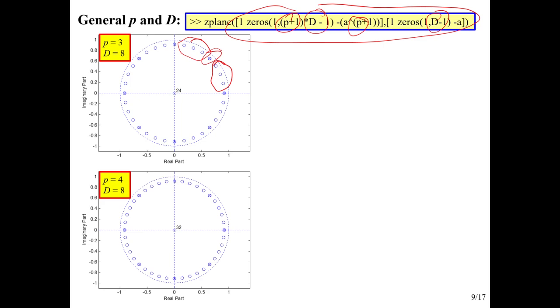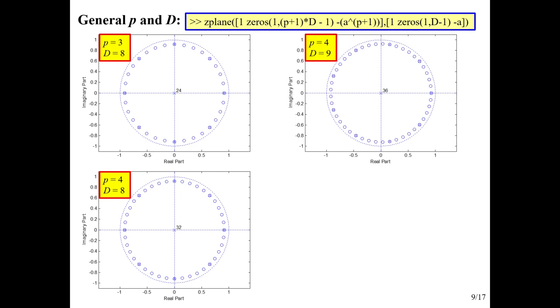Here's P equal to 4, D equal to 8. Still we see, or again, or slightly differently, we see 4 zeros in between the gaps. And I guess I should have said what A was for this, probably the same A that I used before. Now we've got P equal to 4, D equal to 9.